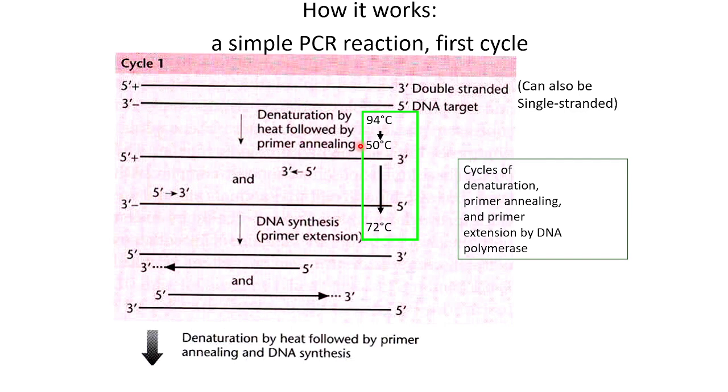Then you add some amount of your dNTPs, and a 5x buffer. You add 10 microliters of it in your 50 microliter solution, and then the dNTPs, then your primers, depending on the concentration of the primers you have.